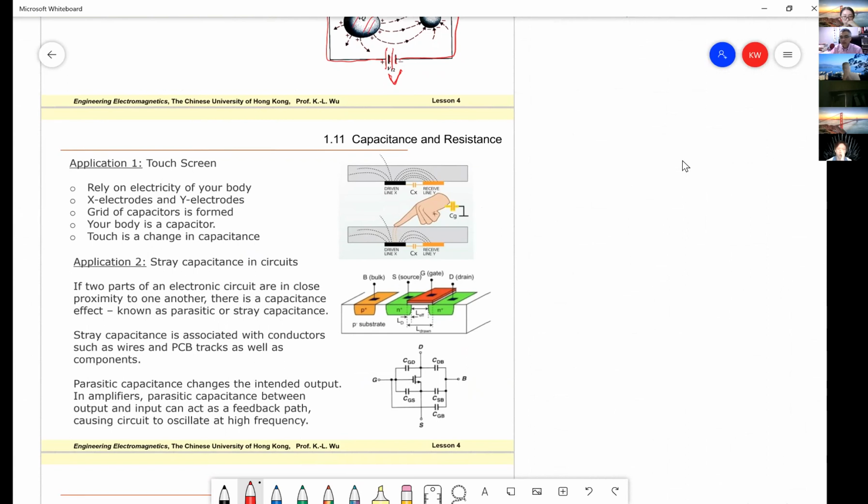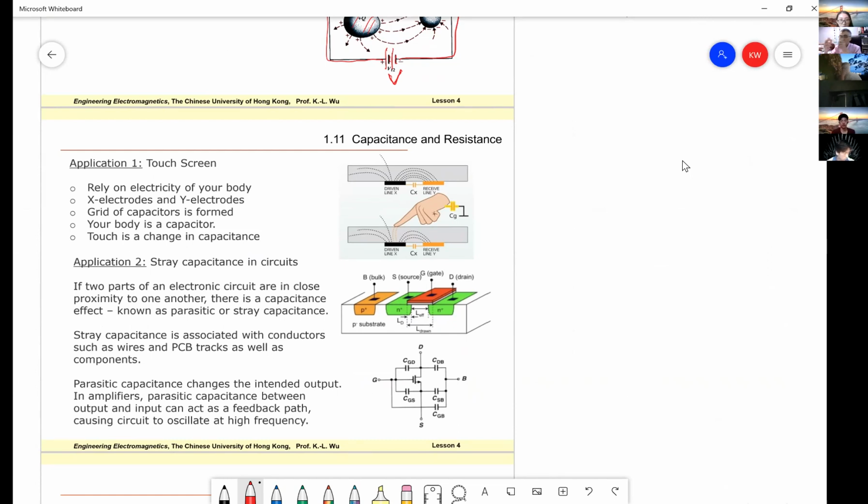I show two examples. One is the touch screen. Sure, there are different mechanisms to build a touch screen, but the capacitive type is a very common touch screen.